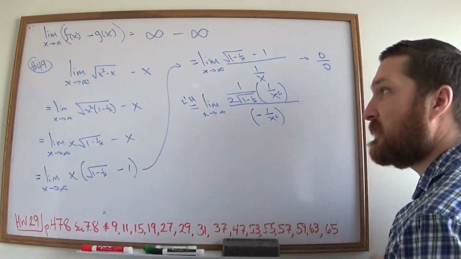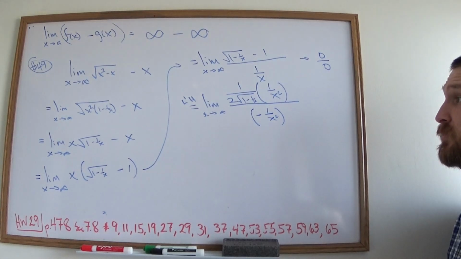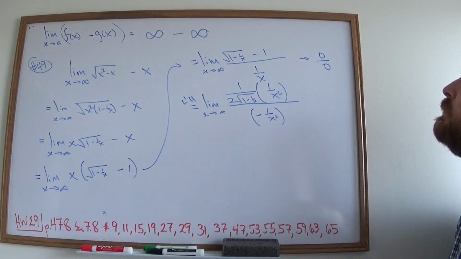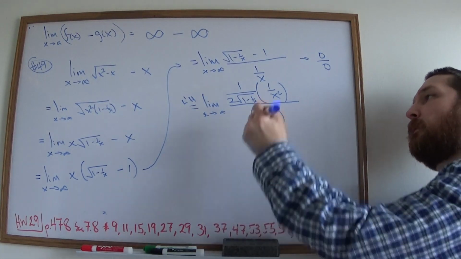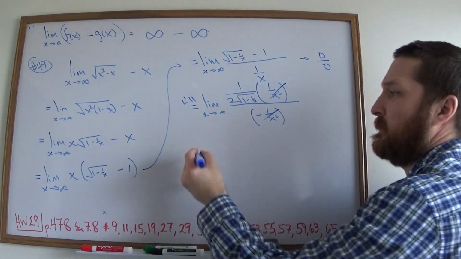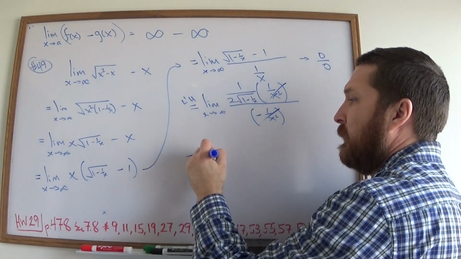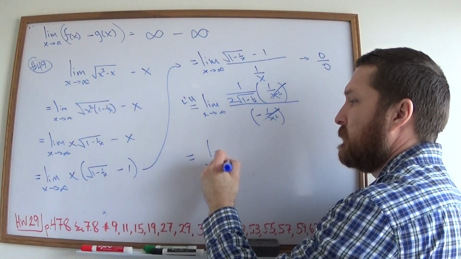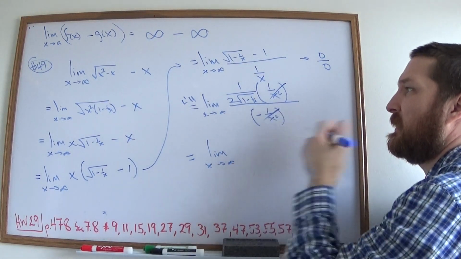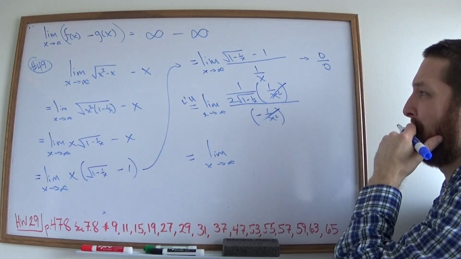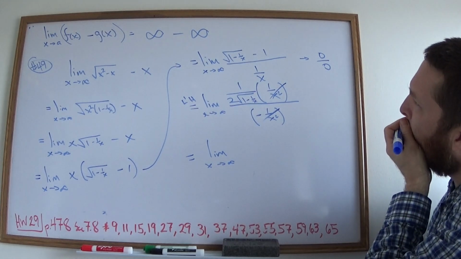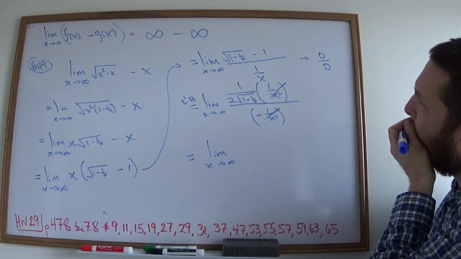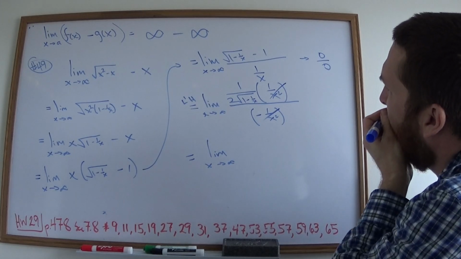Now, if you're not paying attention, you evaluate this and think it's still going to 0 over 0. Oh no! They cancel, and we get the limit as x goes to infinity. There's a negative there, so negative 1 over negative 1.